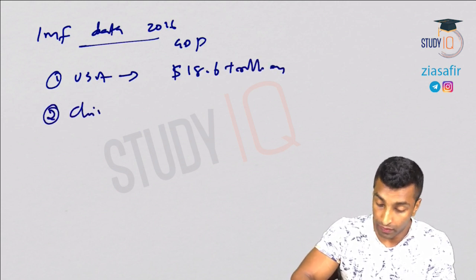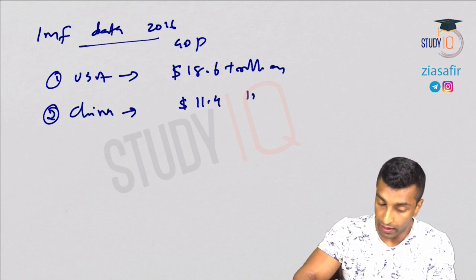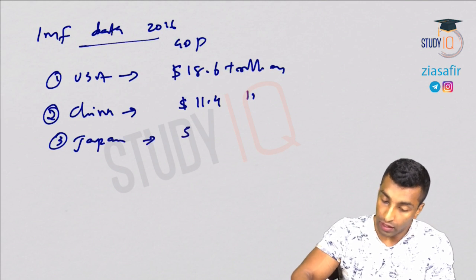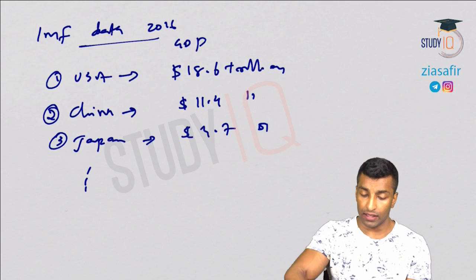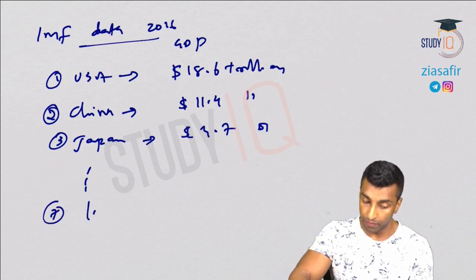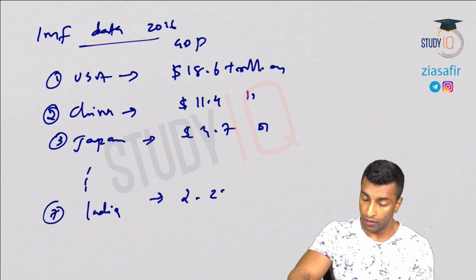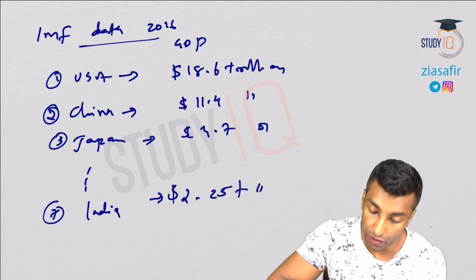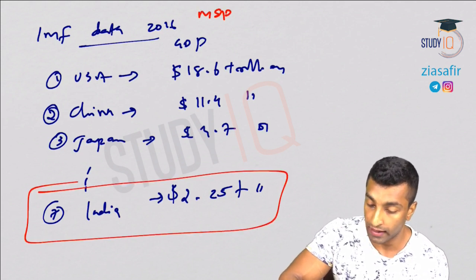Second, China, $11.4 trillion. Third, Japan, $4.7 trillion. Then Germany, France, etc. will come. And finally 7, India, as we have just seen, 2.25 trillion. So what is the position of India as per market exchange rate? 7th position.